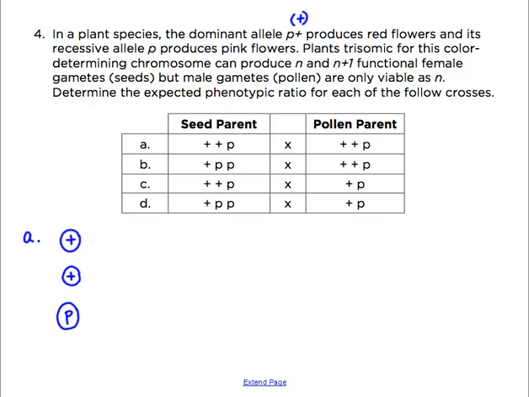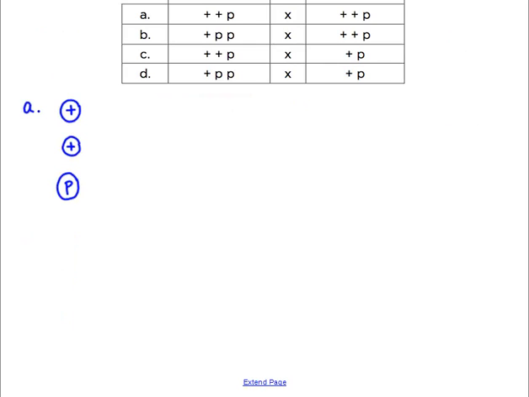And the reason why I'm drawing plus twice, even though they give the same phenotype, they are distinctly different chromosomes, so we're going to have to include them in the probability. Okay? But then they can also make viable gametes that are N+1, so you can have this first plus, you can have plus P, which has the first plus chromosome, and you can have the other plus P. Okay, so a total of 6 gametes that this seed parent can make.